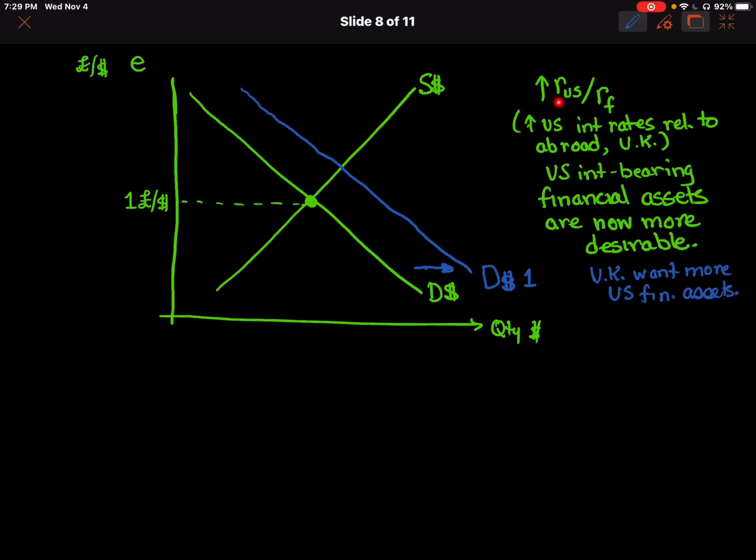With the higher interest rate in the US, fewer of these dollars are going to be supplied for purposes of acquiring UK financial assets. So we would expect to see the supply curve for dollars shifting to the left, right?